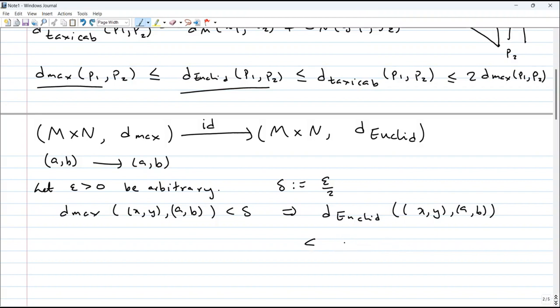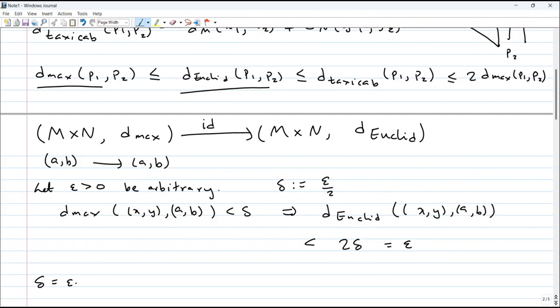That'll be less than 2 times delta, which is equal to epsilon. Okay, how about the inverse function, the one that goes from d Euclid to d max? In that case, you just have to choose delta equals epsilon. And you will see that the inverse function is also continuous.